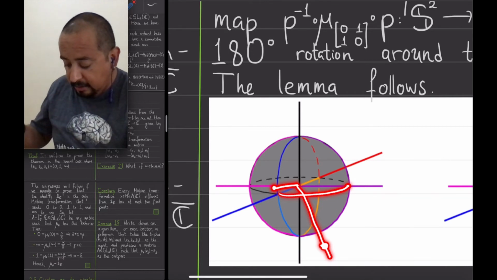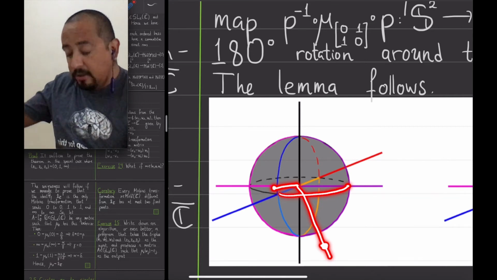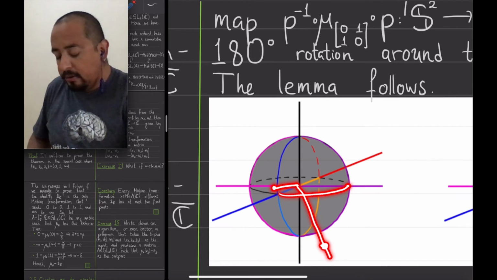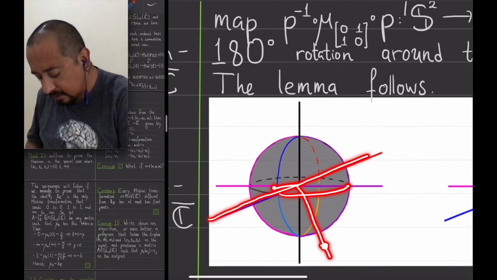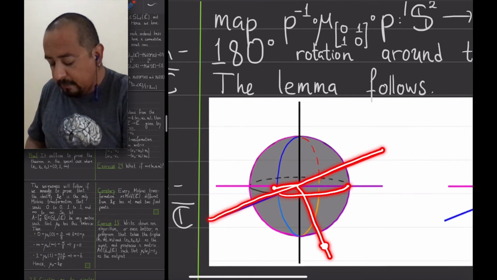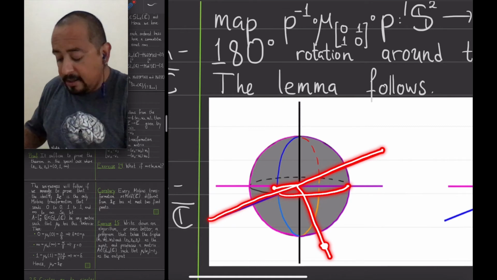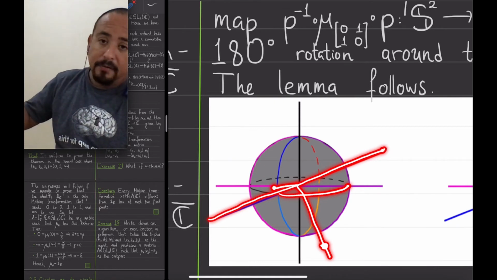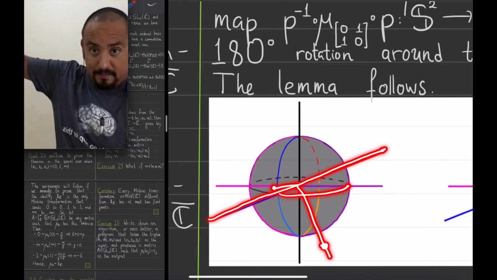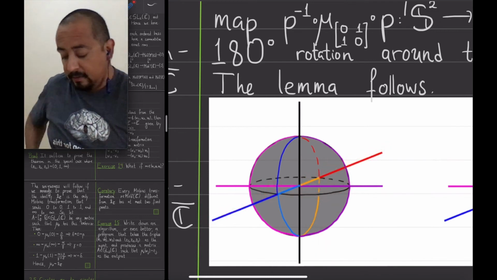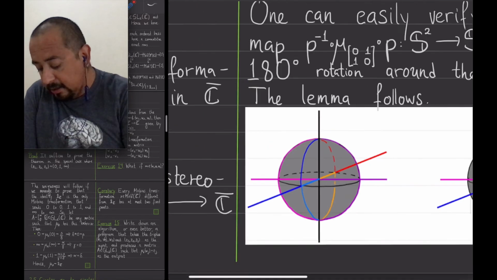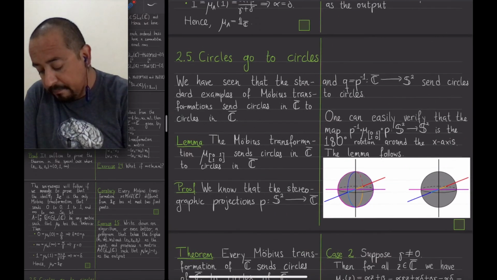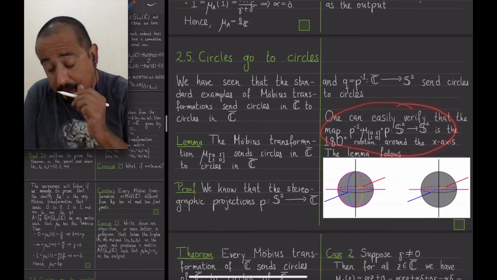And so you see that 1 over z is on the other side of the x-axis. That's what amounts to the rotation of 180 degrees, right? So think about it, it's actually fairly easy to see.